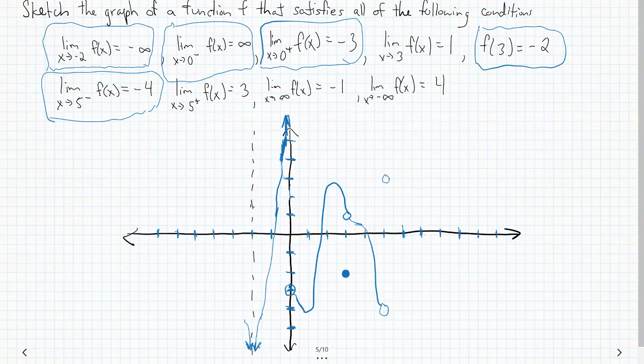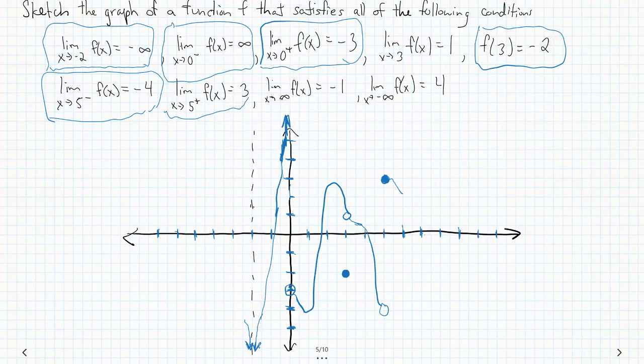Now I'll put a circle there, 5 from the right, boom. So that takes care of that piece. Now there's nothing about f of 5 itself, so it doesn't matter which side. Just for kicks, I'm going to fill in this with a solid dot, just for fun. But you had options there.